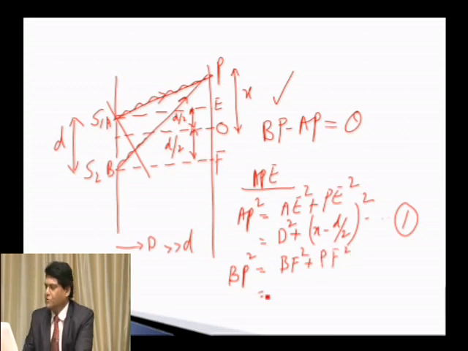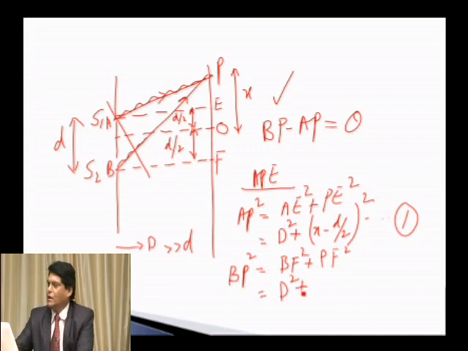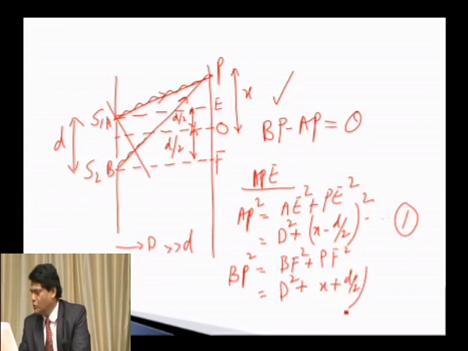Again, look at the figure: BF is the distance between the two screens, written as D square, plus PF square, which from here to here is X plus this distance, that means X plus D divided by 2, whole square. Now, let us call this relation 2.